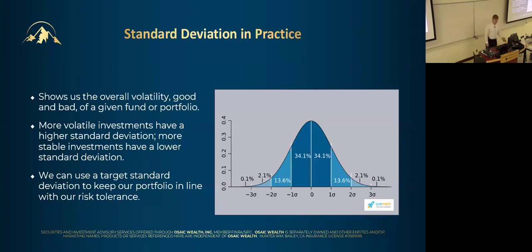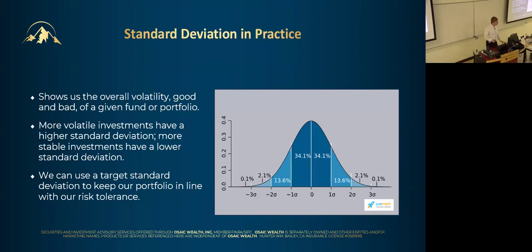So more volatile investments have a higher standard deviation and more stable ones have a lower one, obviously. If you look at something like a treasury bill, it's not going to have a lot of standard deviation because it doesn't have a 20% return and then a negative 50% return very often. They might have some outlier events where you have stronger up and down swings, but on the overall average, it's a really tight amount of return for the most part.